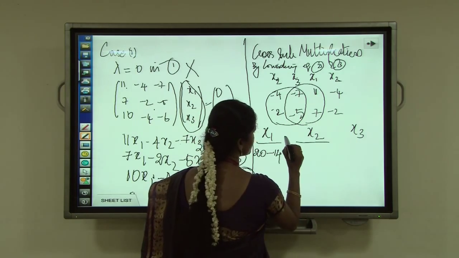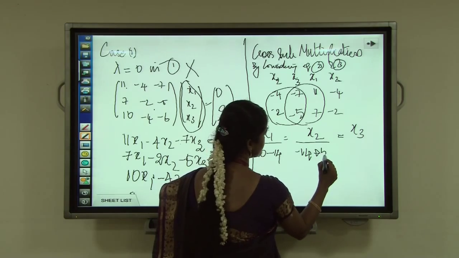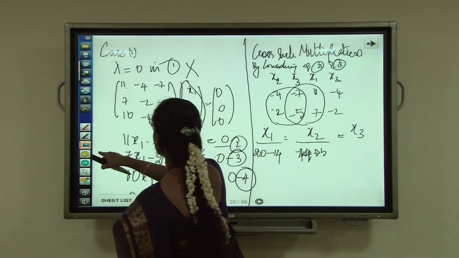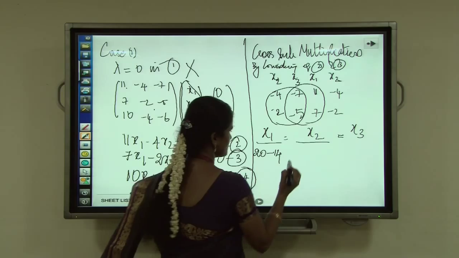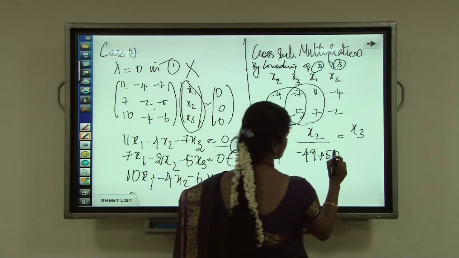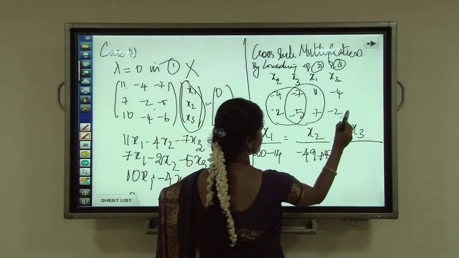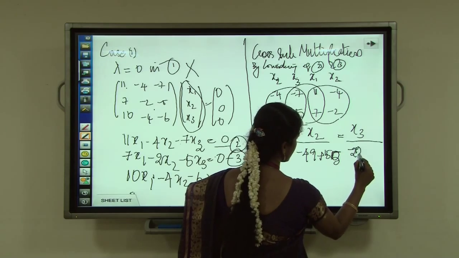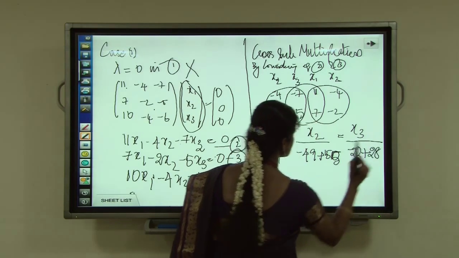The determinant is minus 49 plus 55. And for x3, getting the coefficients of x1, x2 and finding the determinant, if we circle like this, it is minus 22 plus, cross multiplying this, 28. Let us simplify this further.